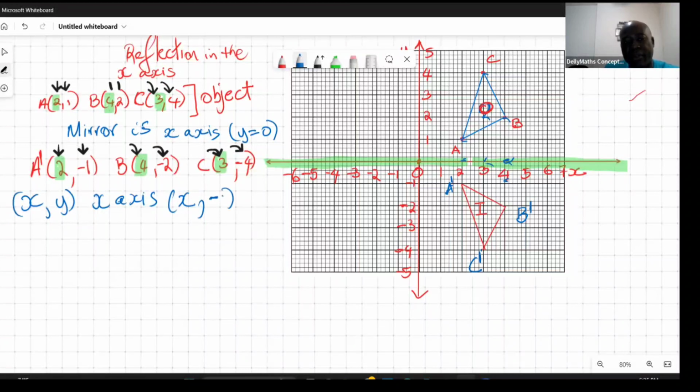It becomes negative y. And when I said negative, I don't mean it's a negative number. Anything that y was will be the negative of itself. That means if it was positive, it would have become negative. But if it was negative, it will end up being positive. Conclusion, the y value alone actually changed. Is that what you're noticing?